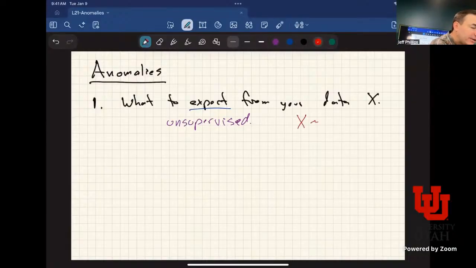So we'll assume that data is generated maybe IID from some sort of distribution, and we're making observations from this distribution. This is a common way to think about this, though it doesn't have to be this way, and we'll see how things can deviate from this. But you have to have some model of what you think your data looks like to say what would be unusual in that data, what is an unusual chunk of this data, which would be the anomaly in the data.